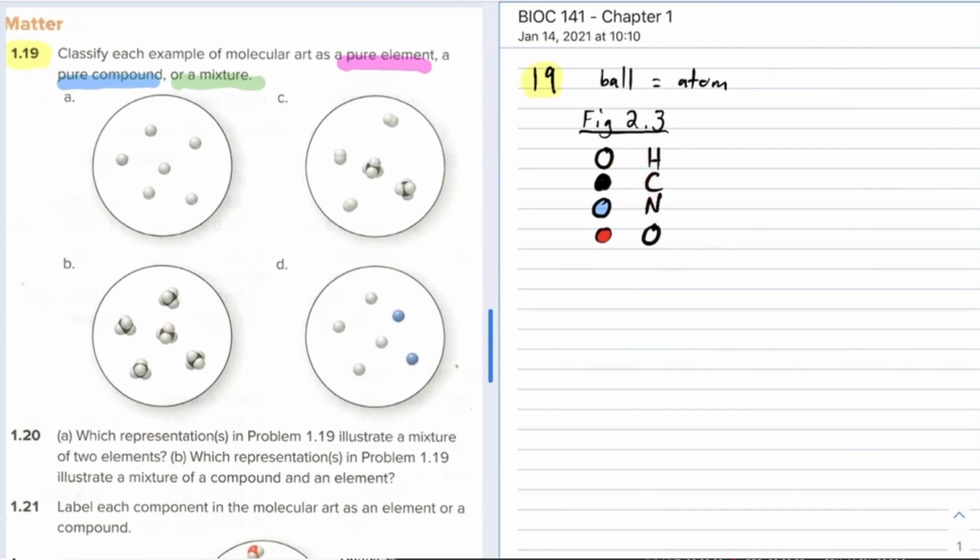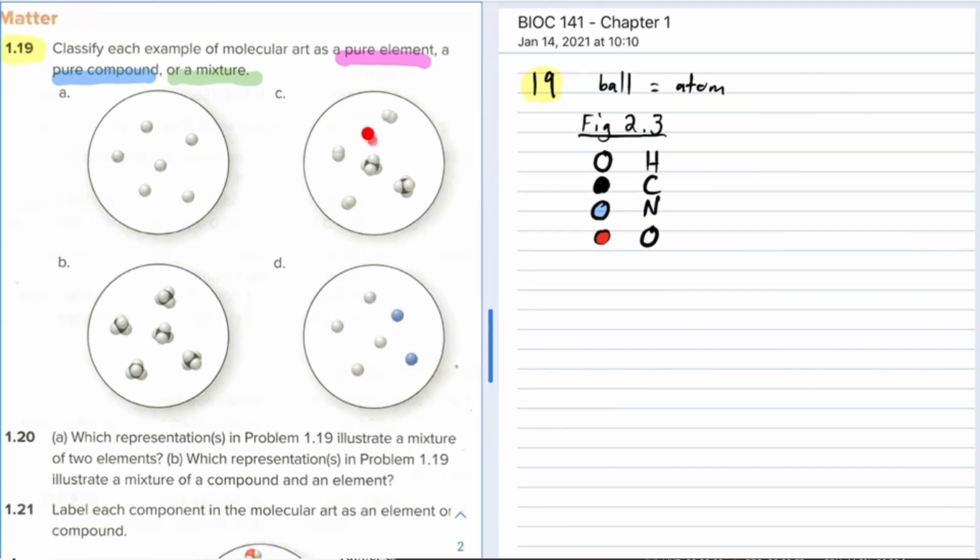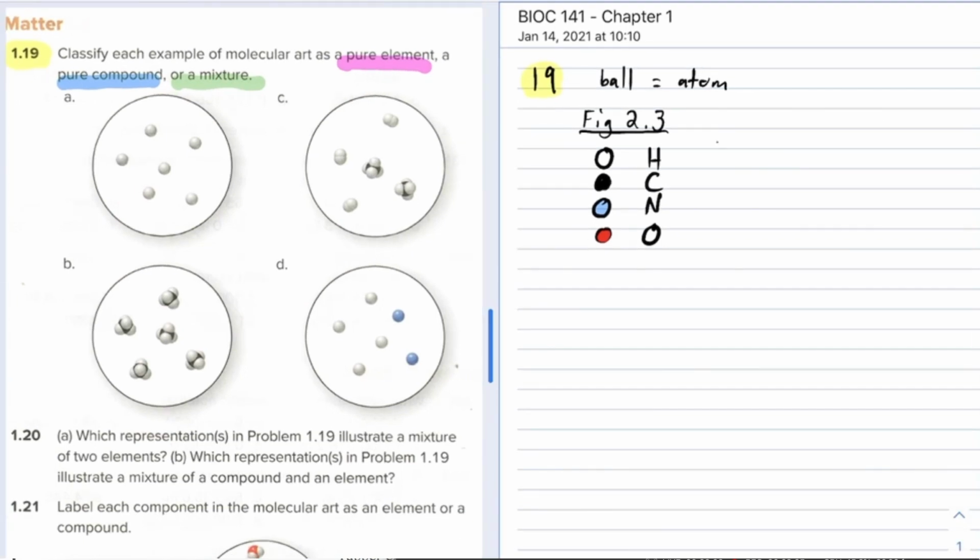Now, to also help us answer this question, we need to know something about elements, compounds, and mixtures. An elemental substance, an element, has only one type of atom.